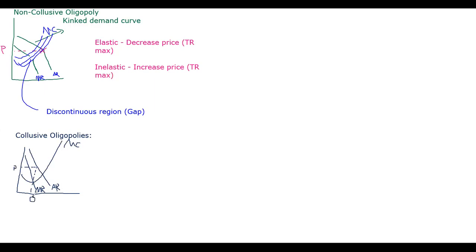P and Q. Now the question becomes how to divide this particular quantity, because आपने ये diagram बना तो ली, but understand, this is not of one particular firm. This was a combined diagram of all the firms within the oligopoly to get one large thing.